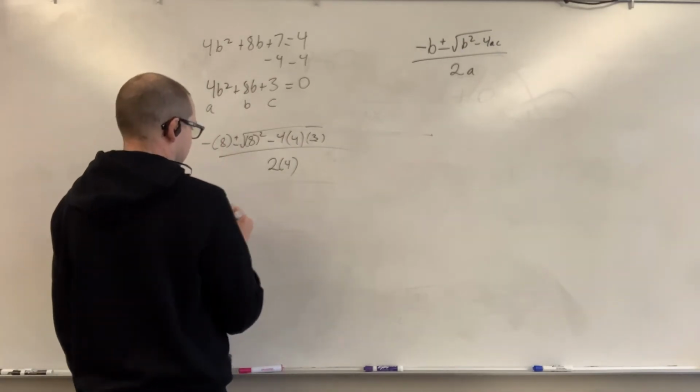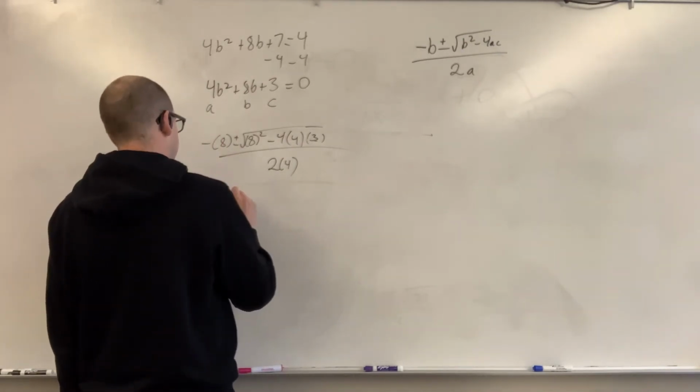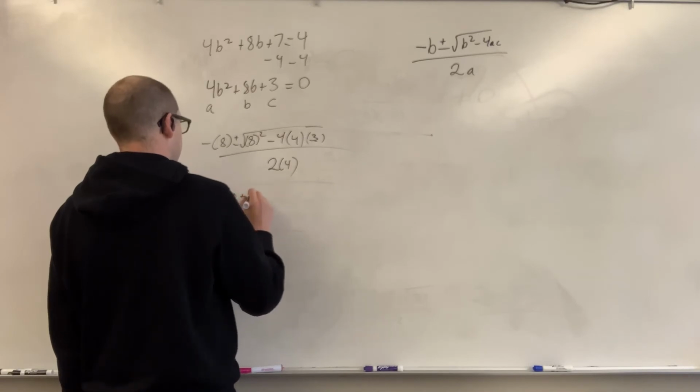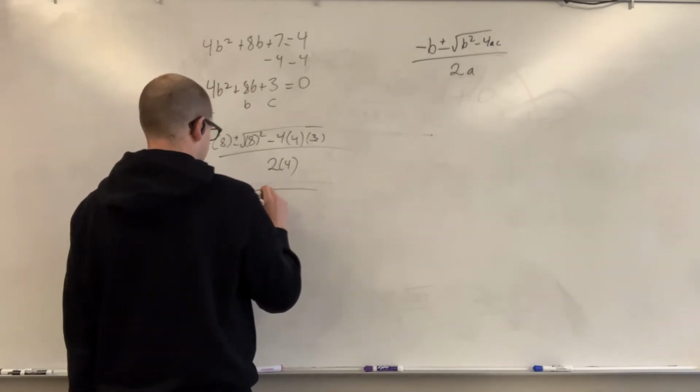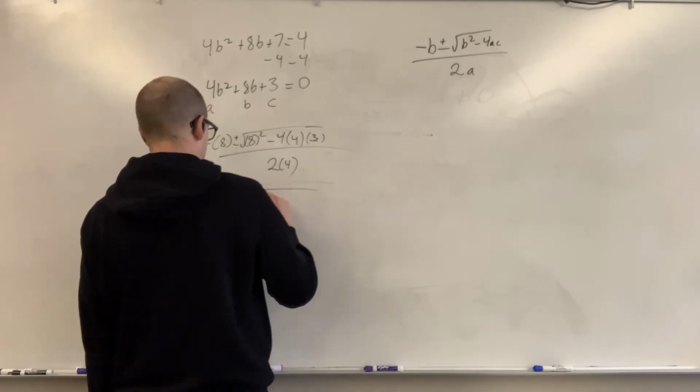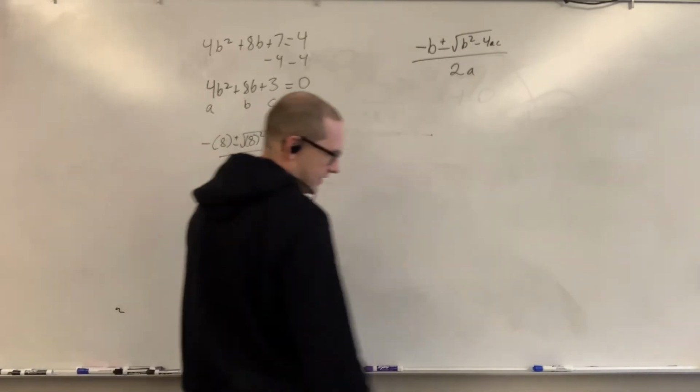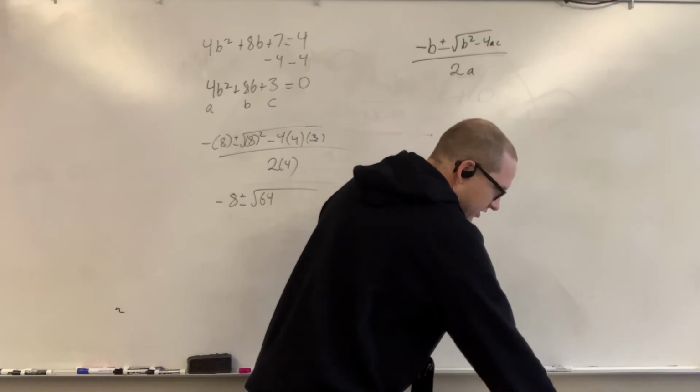And that's going to turn into negative 8 plus or minus square root of 8 times 8 is 64. Do I remember that off the top of my head? Maybe, but I better go check.